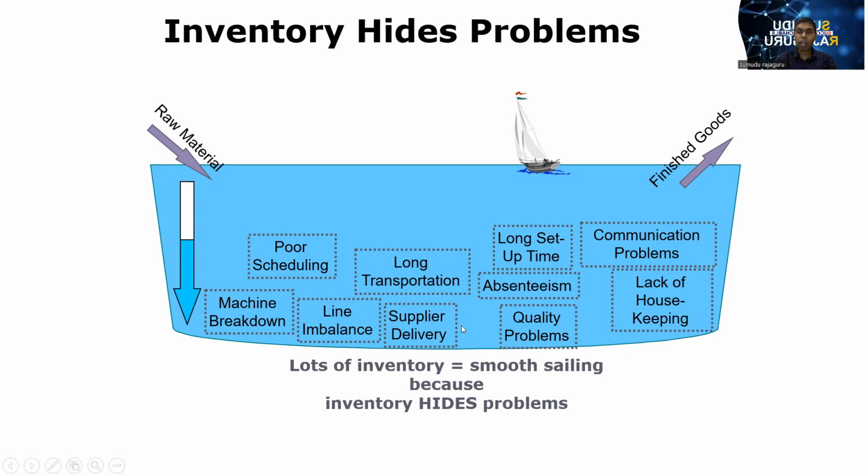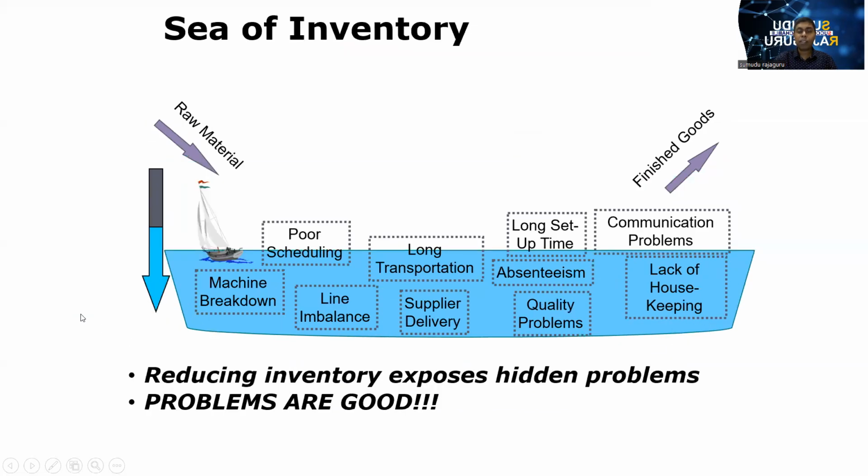Likewise, when WIP increases in the organization, a lot of problems get covered by the WIP: poor scheduling, machine breakdown, line imbalance, long setup time, transportation, quality problems. If you want to surface the problems, only then can we solve them. So we have to reduce the water. Like a sea, when you reduce the water, all the problems come out.